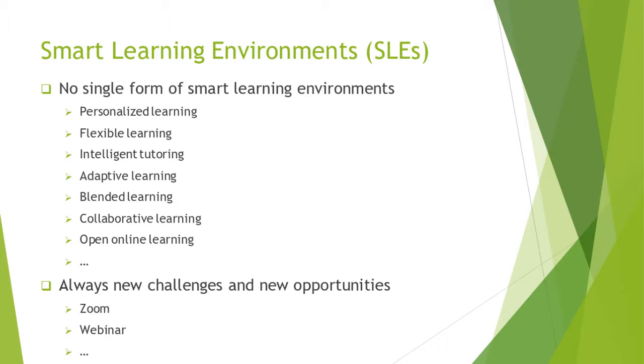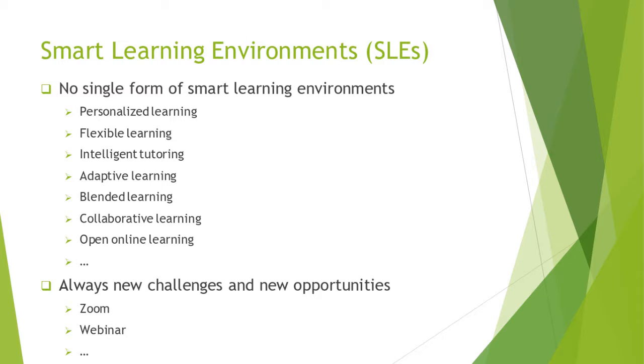Smart learning environment may include a lot of items. For example, personalized learning, which is to provide customized learning to address individuals' learning needs based on learners' background. Flexible learning, which is to provide flexibility in requirements, time, location, teaching, and assessment, etc. to the students. Intelligent tutoring.